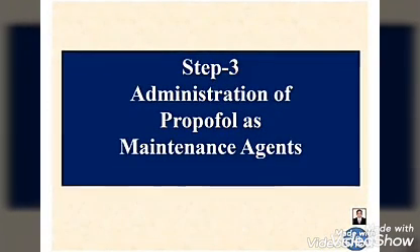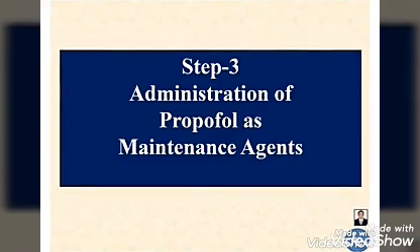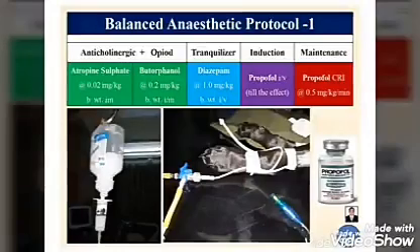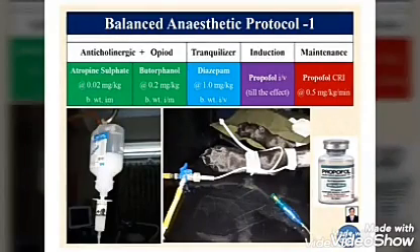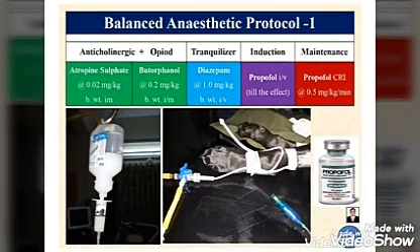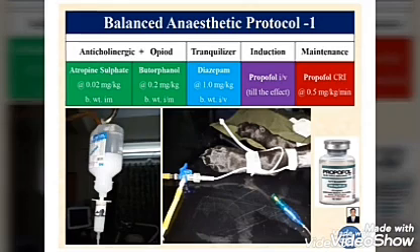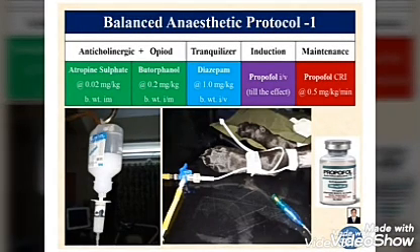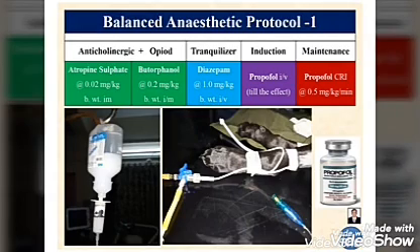Step 3 is the administration of propofol as a maintenance agent. 1% propofol at a dose rate of 0.5 mg per kg per minute is administered through CRI up to the end of the surgery as maintenance anesthesia.